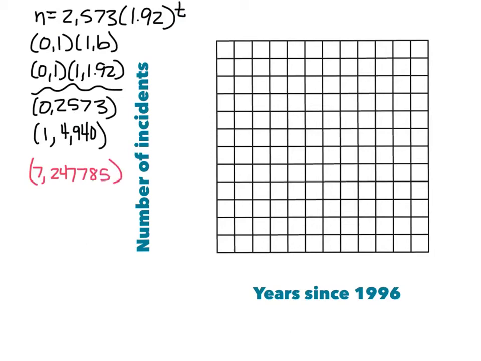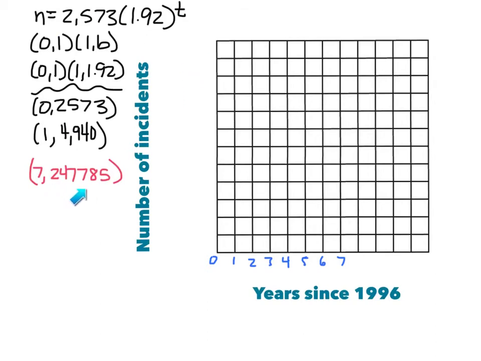Okay? So let's plot these 3 points. To do this, I need to figure out what scale I'm going to use. So the years since 1996, here I have 0 years. 1, 2, 3, 4, 5, 6, 7. Okay? Now, I'm going to count by about 25,000 because I need up here to be around 250,000.